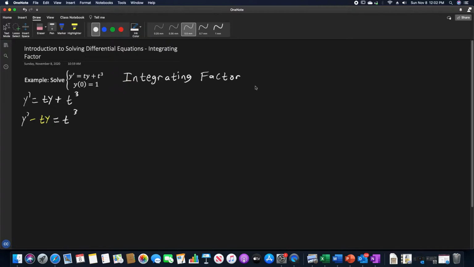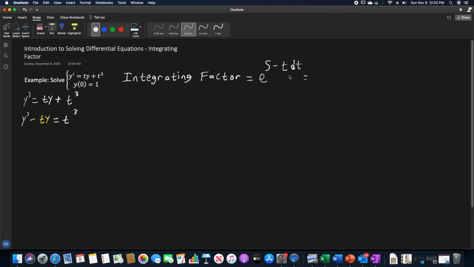So we are going to have e to the integral of negative t, no 2, negative t dt.